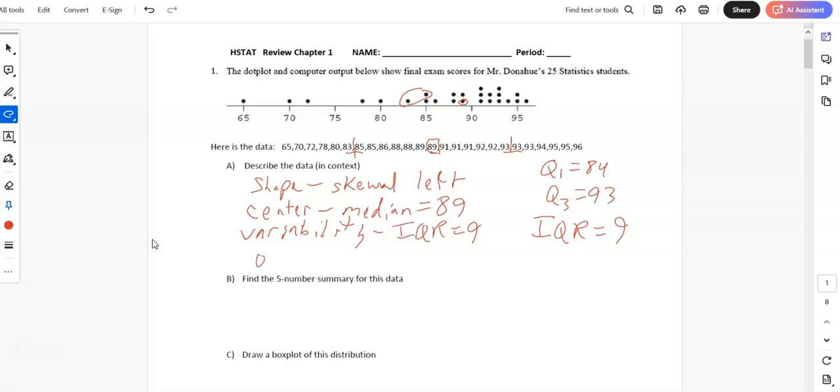And then outliers, there appears to be an outlier at 65. We can double check. We could use the Q1. I don't think there's anything to the right. We don't have to do that. So Q1, which is 84, minus 1.5 times IQR, which is 9. So let's get our calculator out.